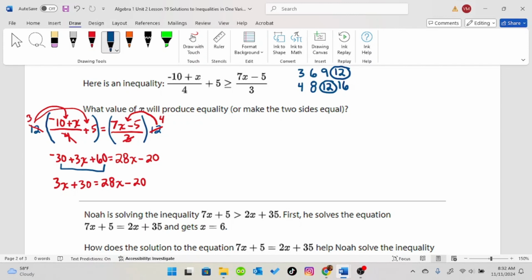Now, to maintain a positive x, I want to subtract the smallest x from both sides. 3x minus 3x is 0. 28x minus 3x is 25x.